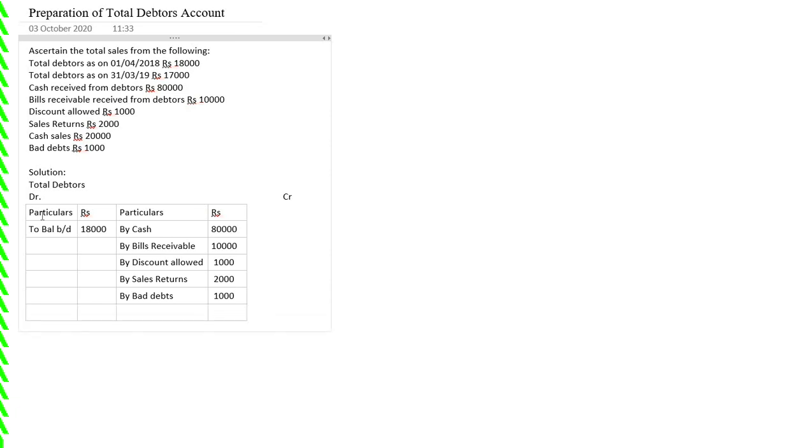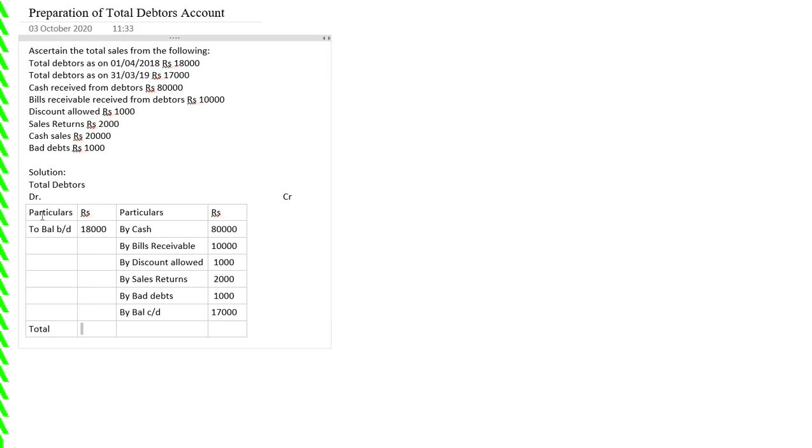Then we should take the closing debtors. So by balance carried down, which amounts to rupees 17,000. So now when you take this here, the credit sales will be the balancing figure in this problem. So let us take the total here.